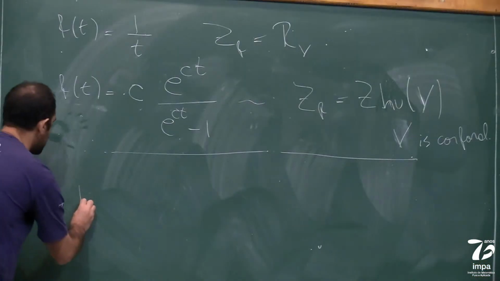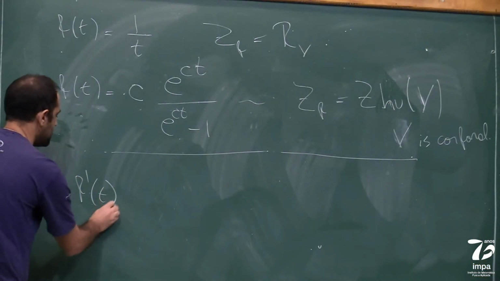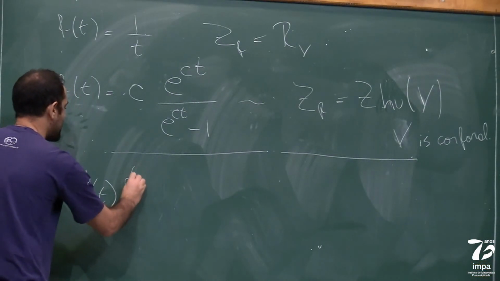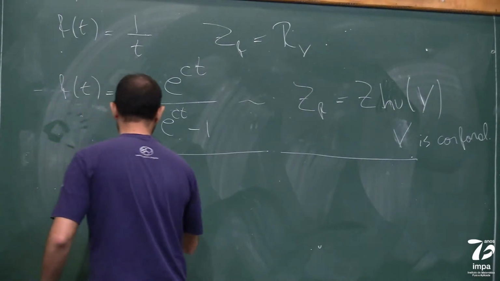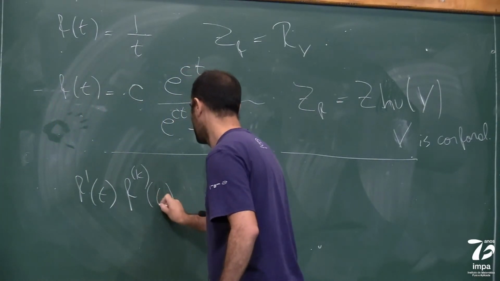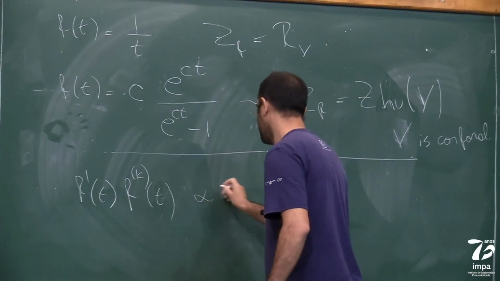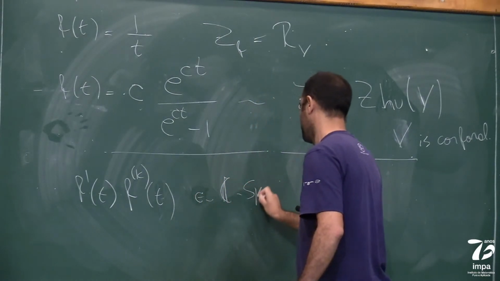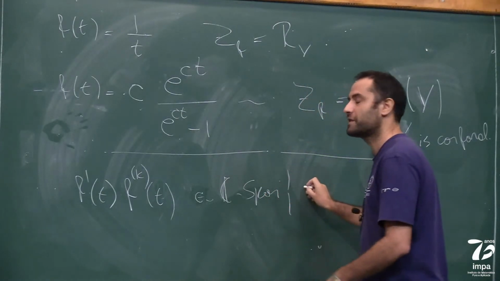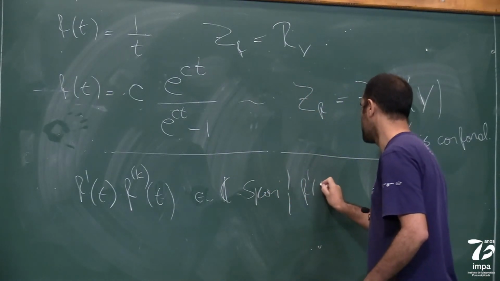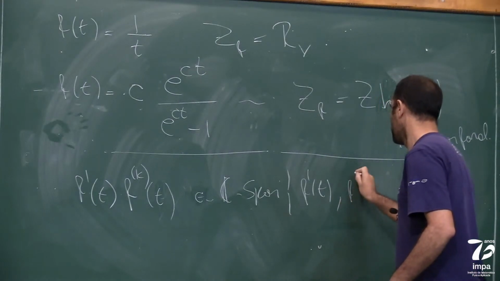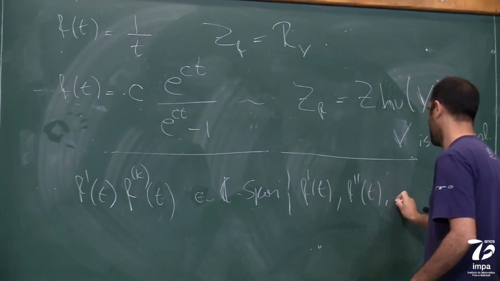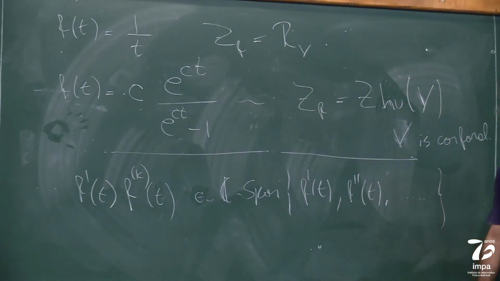The condition is that the derivative of f of t times the kth derivative of f of t is in the C-span of the derivatives of f. The derivative of f of t, the second derivative of f of t, and so forth.